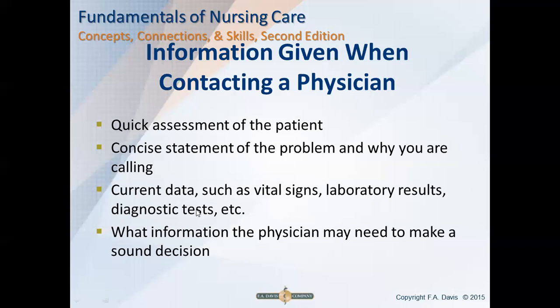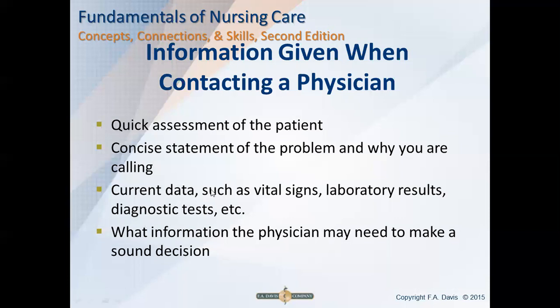Also gather the current data. When the patient got hospitalized, the data, and when you are going to call a second time, third time, compare and contrast this data, and gather any new complaint or not, such as vital signs. If the laboratory reports any abnormalities, you have to interpret the laboratory data: what is normal, what is not normal.